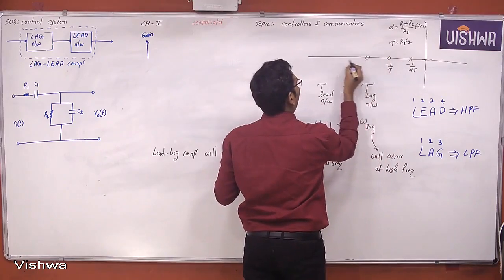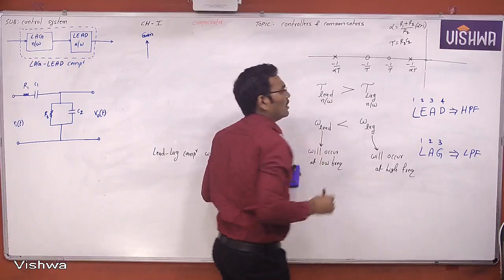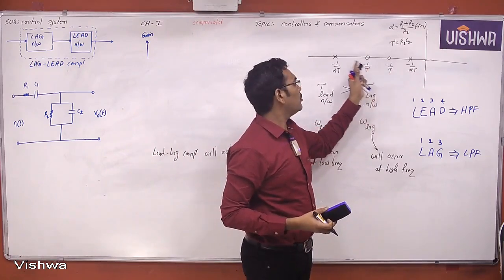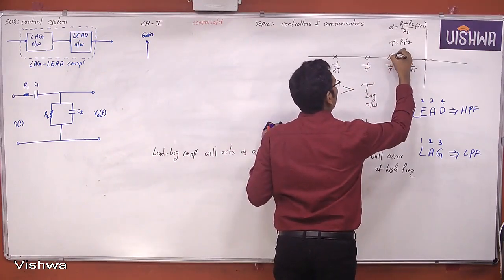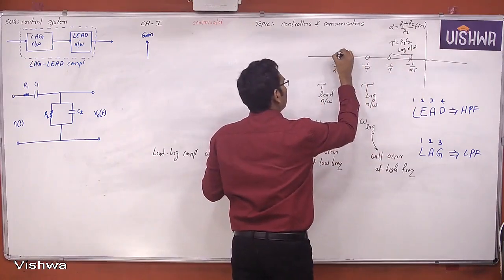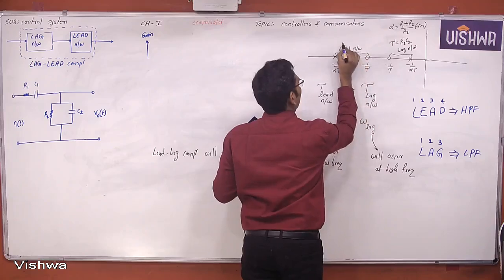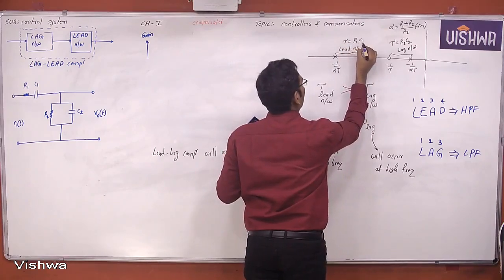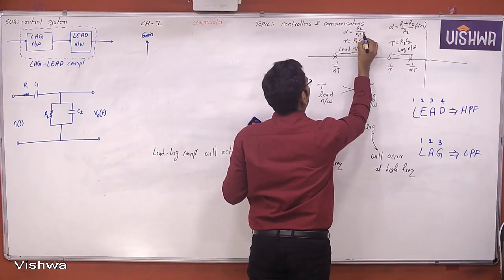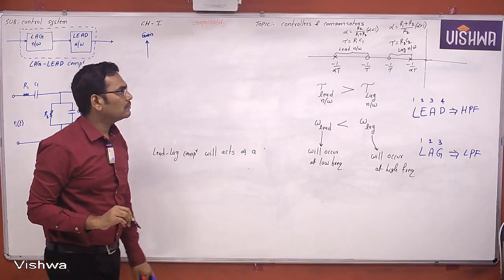The lead network will produce a finite zero and a finite pole. So this is the pole-zero sequence of the lag-lead compensator: pole, 0, 0, pole. This is the lag network, because alpha is greater than 1, and this is the lead network, where the time constant is R1 C1 and alpha is R2 by (R1 plus R2), where alpha is less than 1. Okay, note down.